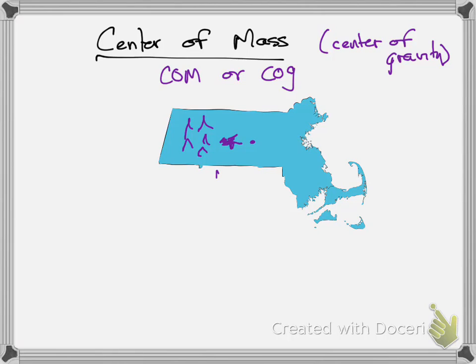So the center of mass may be different from the geographic center. The center of population is different again: there are many more people in the Boston area and the Boston suburbs, so the center of population is going to be more to the east than the geometric center or the center of mass. In any case, there are different kinds of centers that you can talk about.